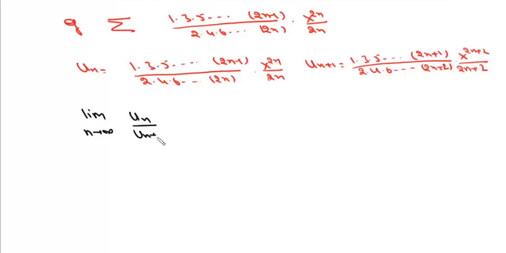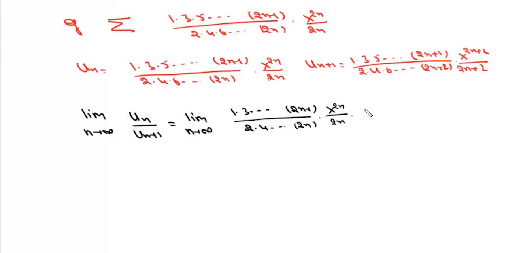Now first we'll use the ratio test, and for this we'll find this limit: n tends to infinity, un upon un plus 1. So it will be this limit, n tends to infinity. Now un is this 1, 3 up to 2n minus 1, and this is 2, 4 up to 2n, x to the power 2n upon 2n, and here it will be this 2, 4, 6 up to 2n plus 2 upon 2n plus 2, and this is 1, 3, 5 up to 2n plus 1, x to the power 2n plus 2.